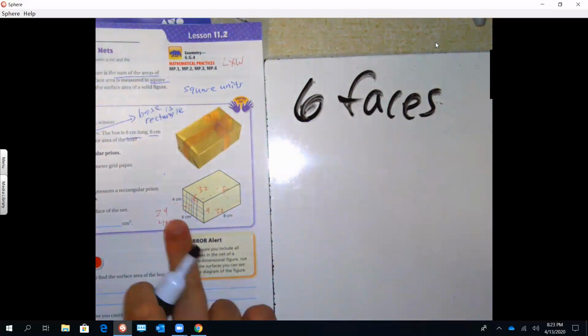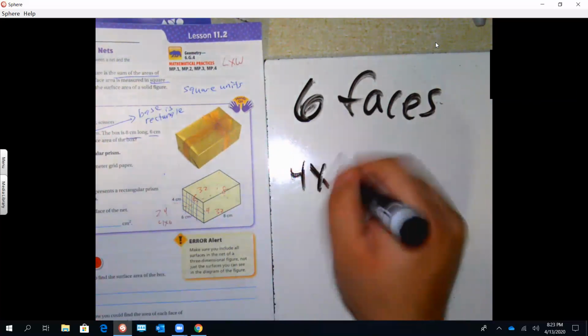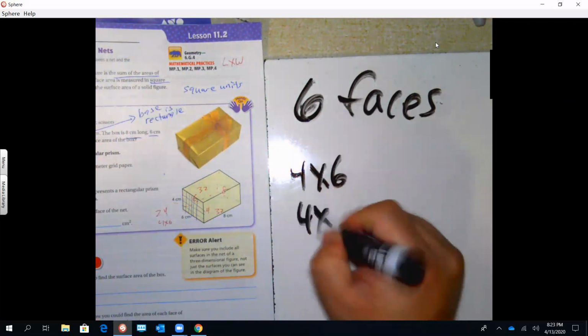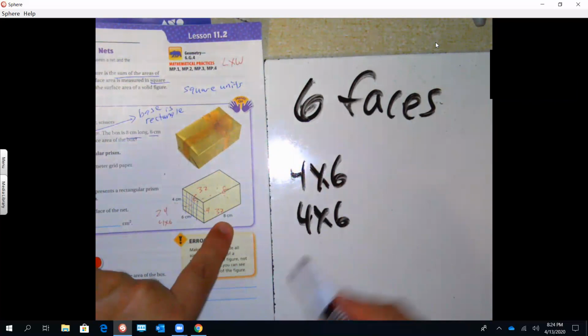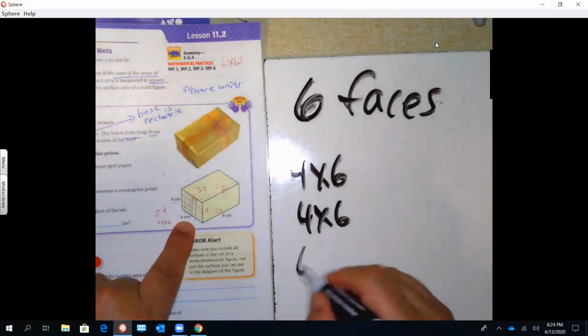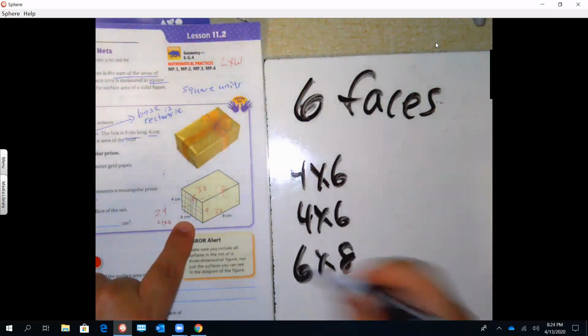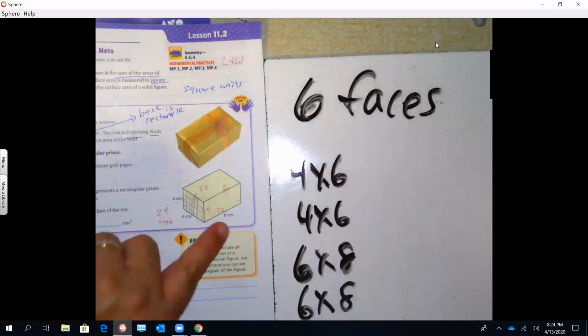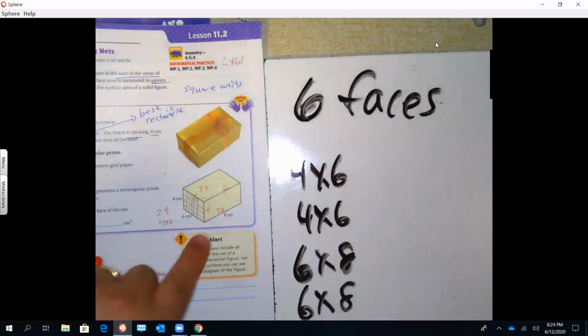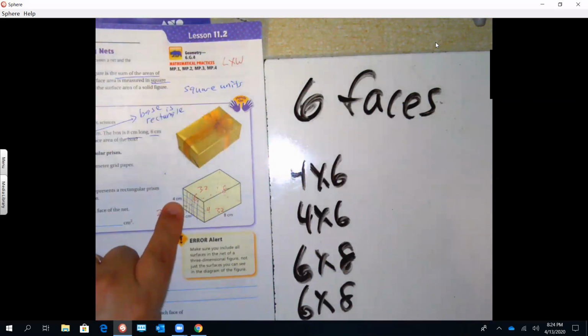So the area of this front face is 4 by 6. Then the other side also must be 4 by 6. Let's look at the base. Got 8 and 6. So 6 times 8, 6 times 8 for the top. And then we go for the other face, which is 8 by 4, or 4 by 8.